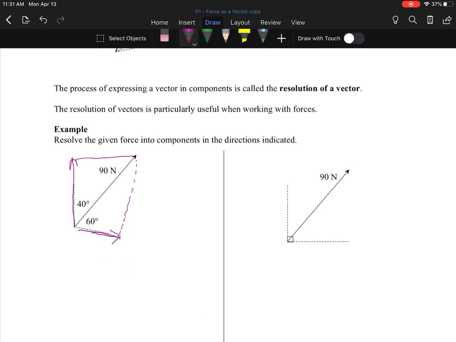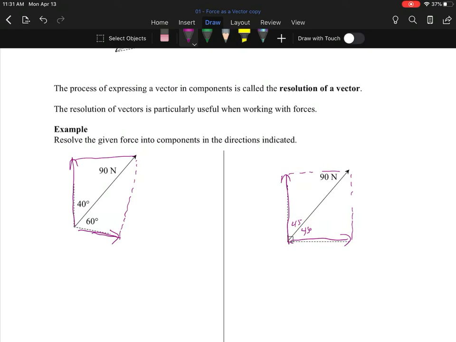And the same with this 90 Newton force here, which doesn't show very clearly on there that this is a 45 and a 45. So we want to know how much of that is this way at 45 degrees and how much of that pulls in this direction at 45 degrees.